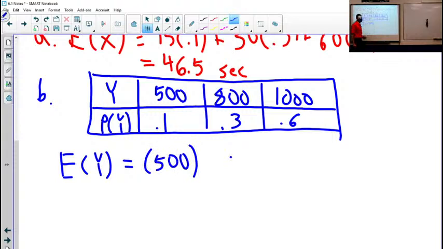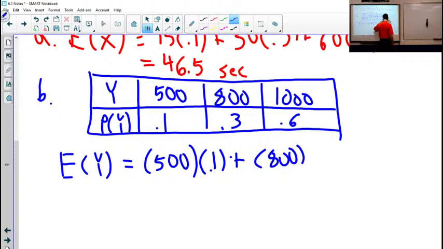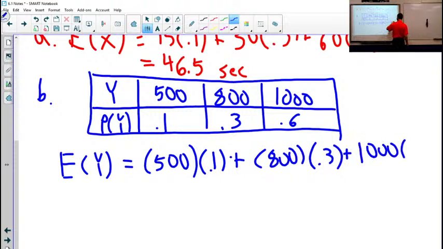So the value this time, instead of 15, now we're at 500 times probability of 500, plus 800 times probability of 800, plus 1,000 times the probability of 1,000. The units here were seconds, so the units down here are going to be dollars.